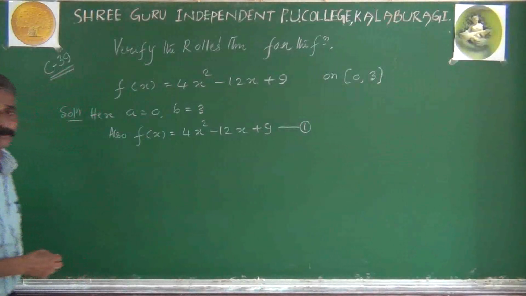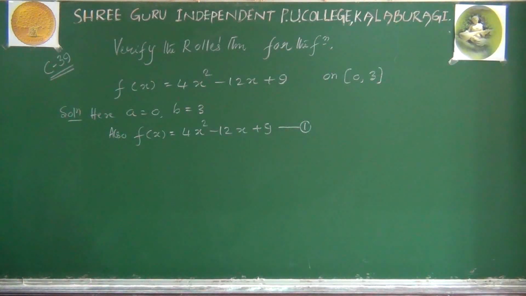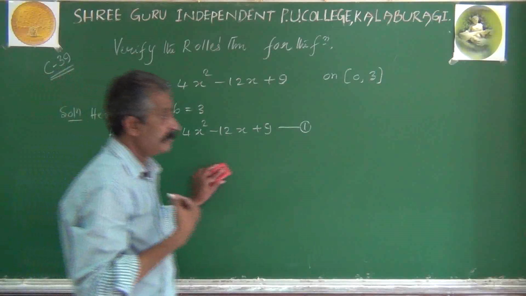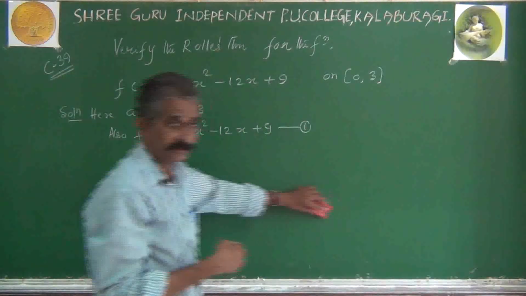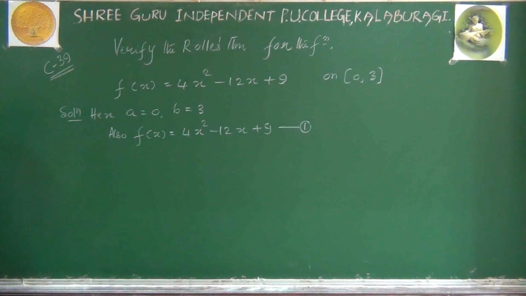The first step is to verify whether f of a and f of b are equal or not. If they are equal, we proceed. Otherwise, we conclude that Rolle's theorem does not hold.